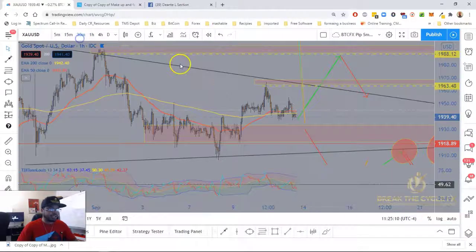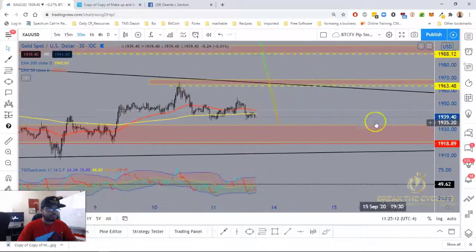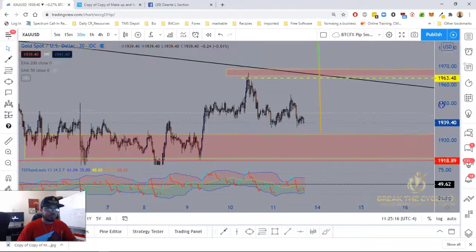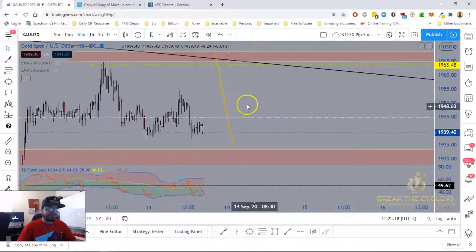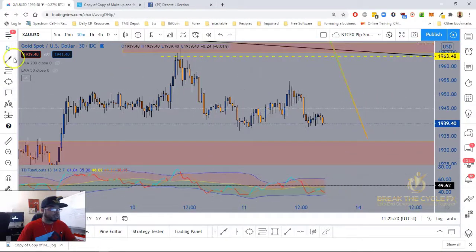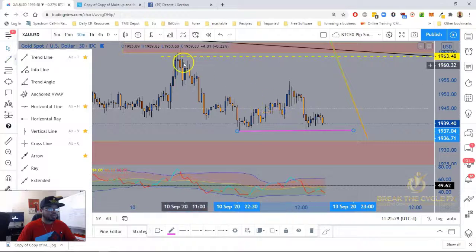Let's look down at the 30 minute. Let's see what else we can see here. I just like to keep it really simple, guys. Just really simple. For those of you that love to drop trend lines and all that stuff everywhere, look, you can still do it. Check it out. If I was to grab my trend line here, got this low.